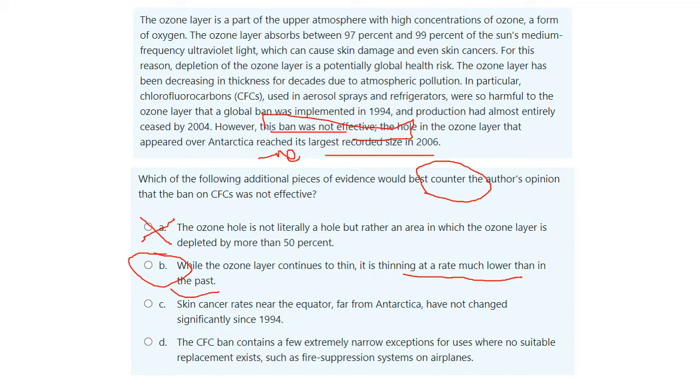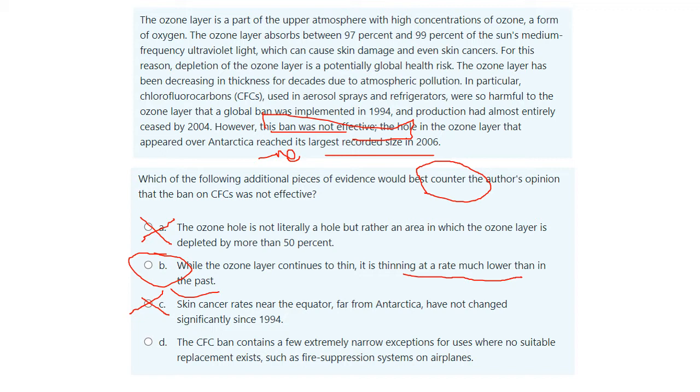C, skin cancer rates near the equator, far from Antarctica, have not changed significantly since 1994. Well, that doesn't really explain whether the ban was useful or not. D, the CFC ban contains a few extremely narrow exceptions for uses where no suitable replacement exists, like fire suppression systems on aeroplanes.